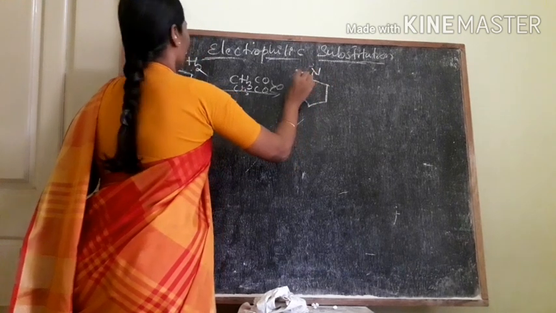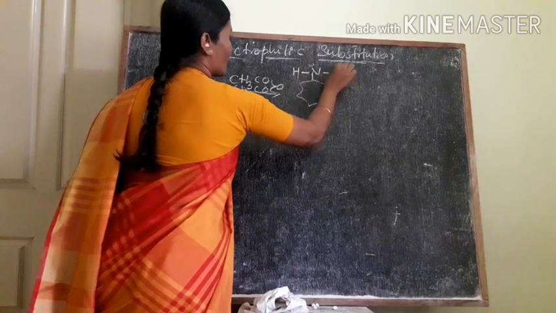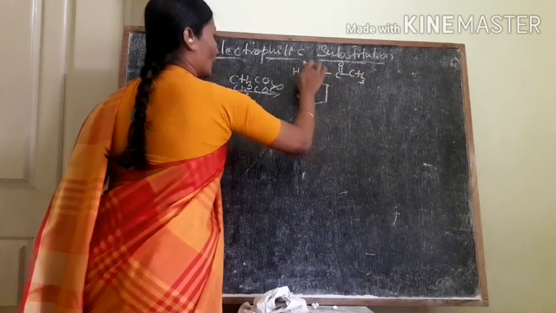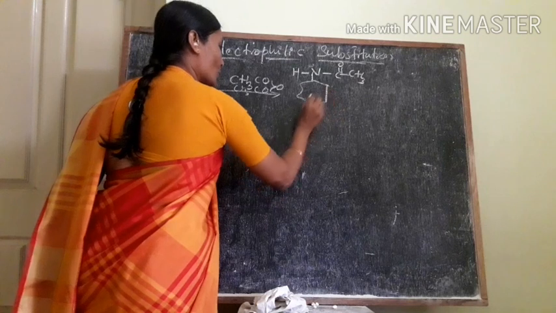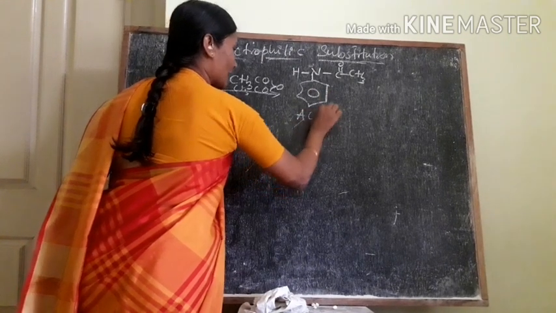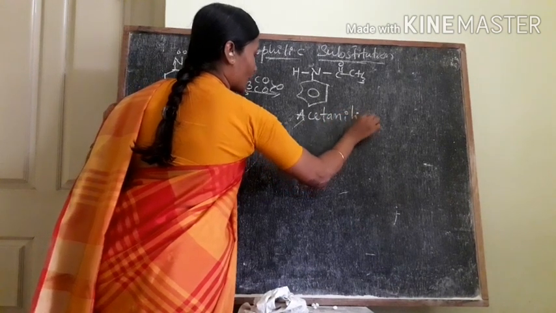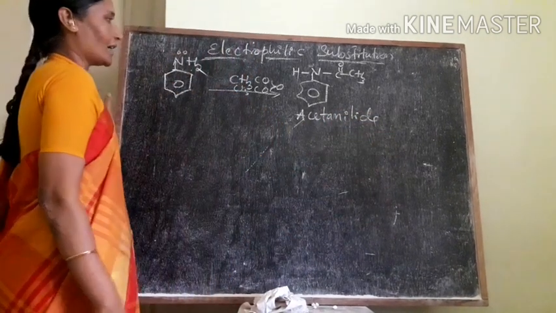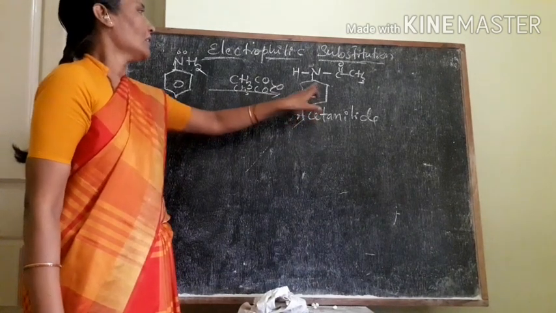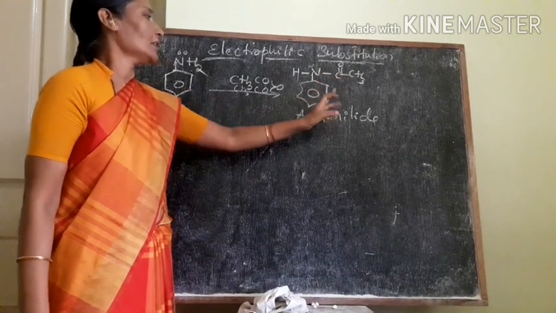Nitrogen, and here it is H. Now it becomes a double bond CH3. This you can name as acetanilide, or N-phenylethanamide.